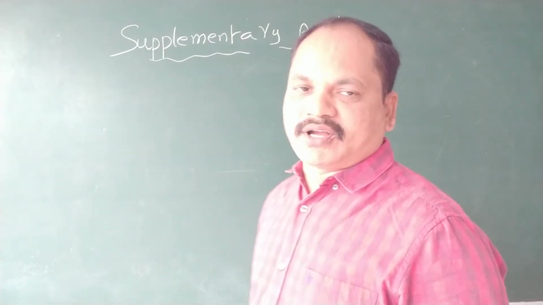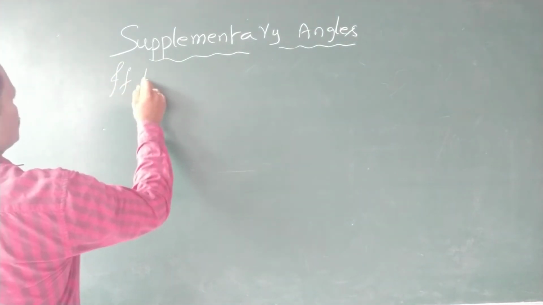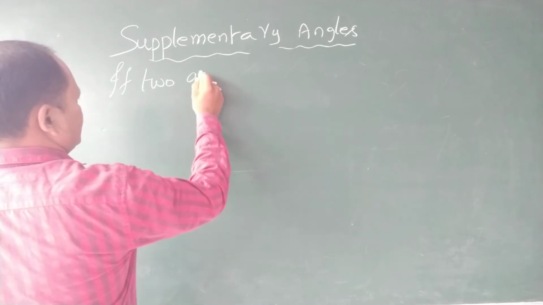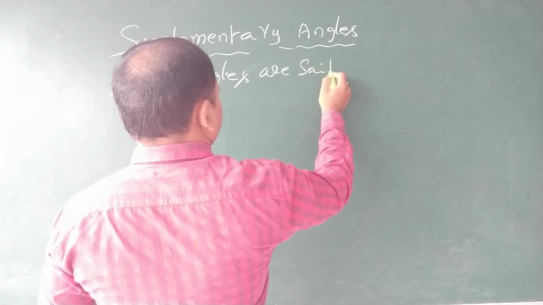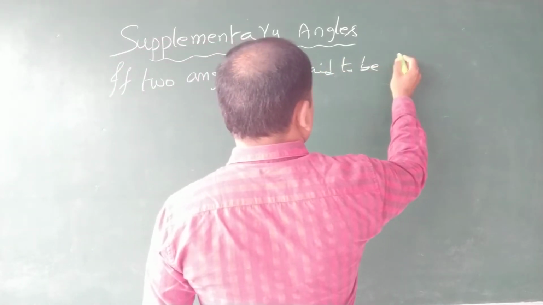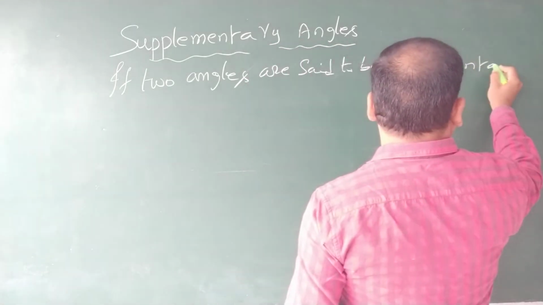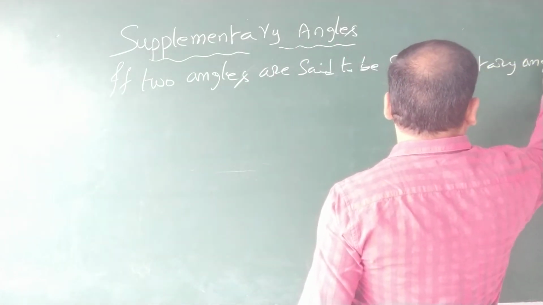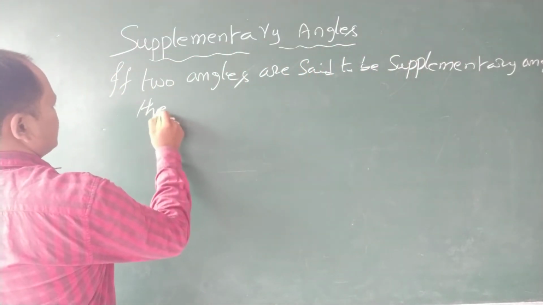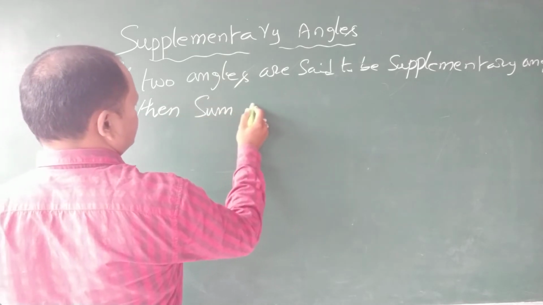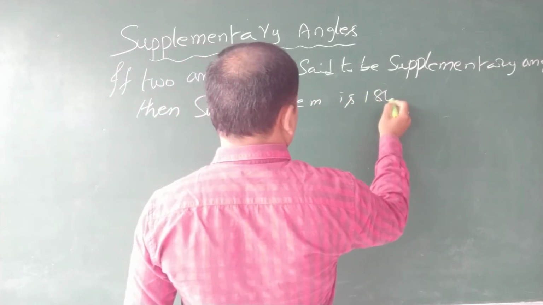Now we are going to the concept of supplementary angles. If two angles are said to be supplementary angles, then the sum of them is 180 degrees.